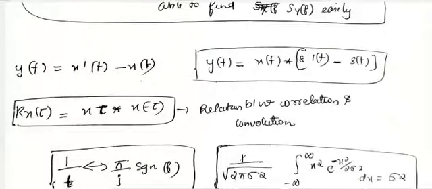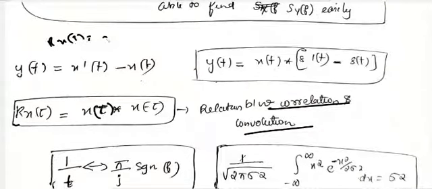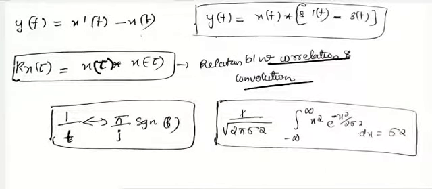Okay. And then R_x of tau, and this is a very important relationship, the relationship between correlation and convolution. The R_x of tau is equal to x of tau convolution x of minus tau. So, that is the relationship between correlation and convolution.